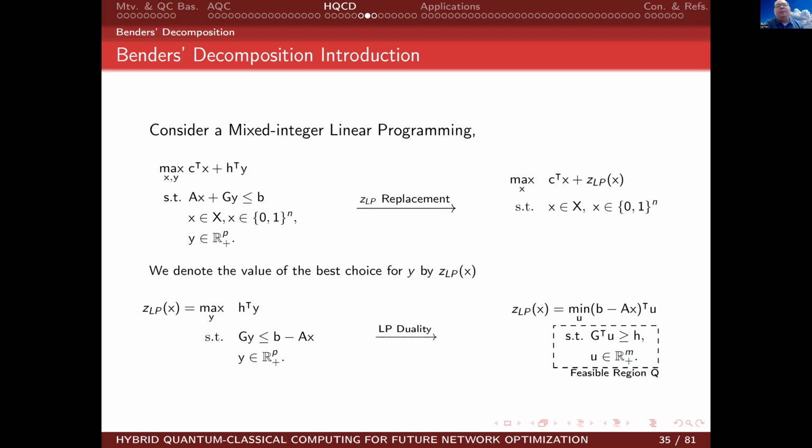So this is the idea behind Benders decomposition. First we divide the problem into two parts, the master part and the subproblem part. The subproblem can be represented as a polyhedron. So the question is: how do we obtain the polyhedral representation of this optimization problem?